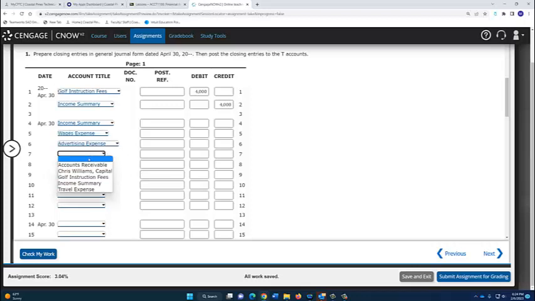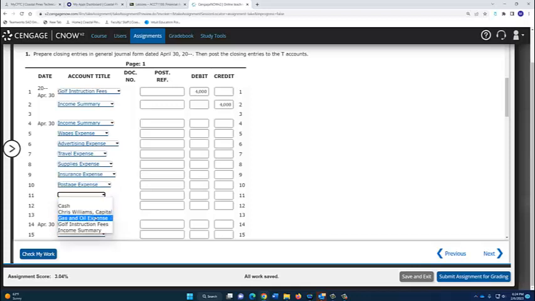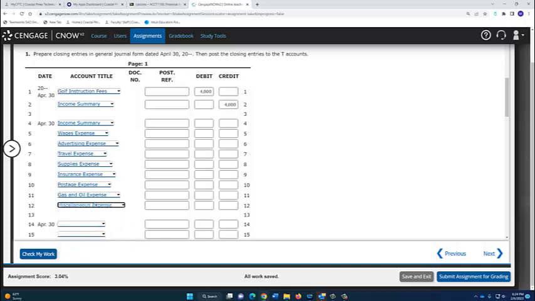Wages, advertising, travel, supplies, insurance, postage, expense, and miscellaneous. Okay, now notice that this is insurance expense.